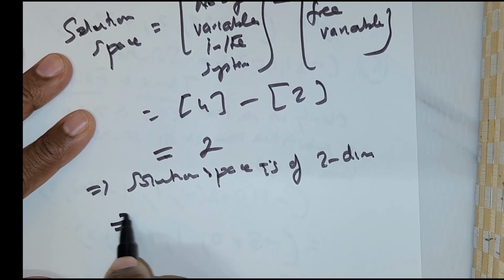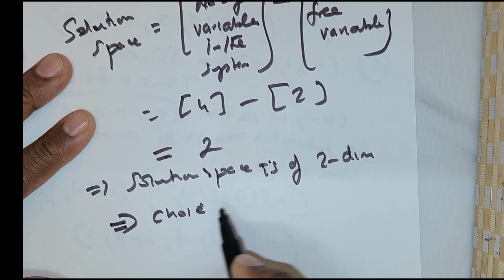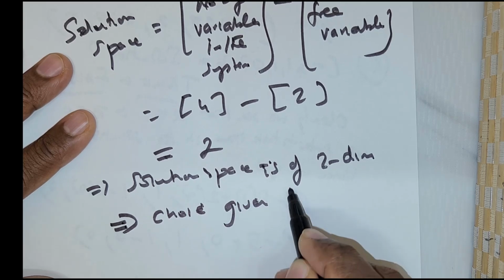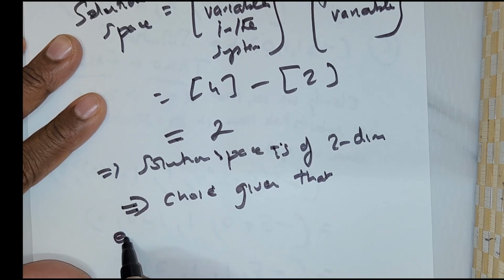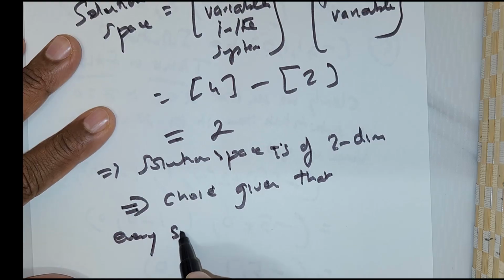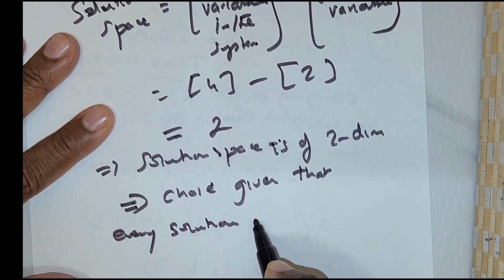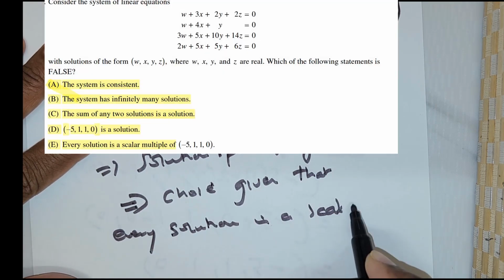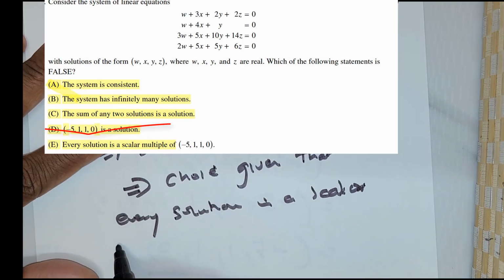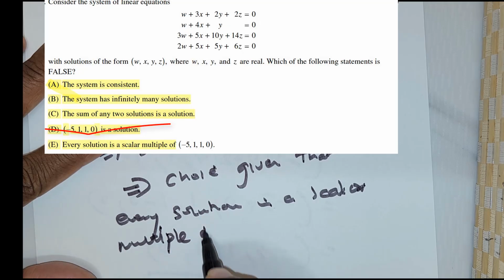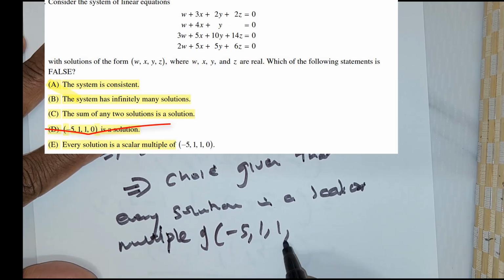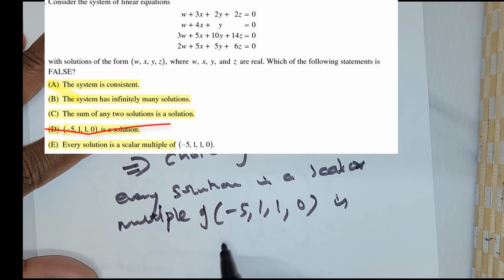So this in turn means the choice given, that every solution is a scalar multiple of negative 5, 1, 1, 0, is false.